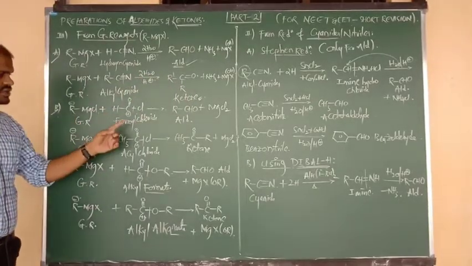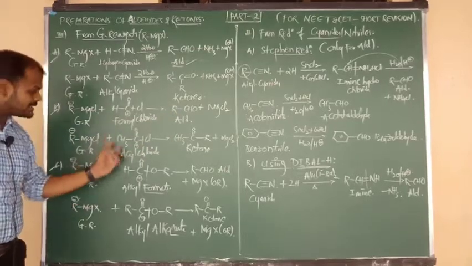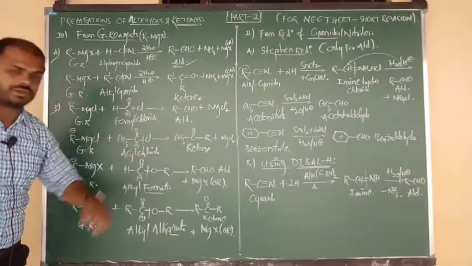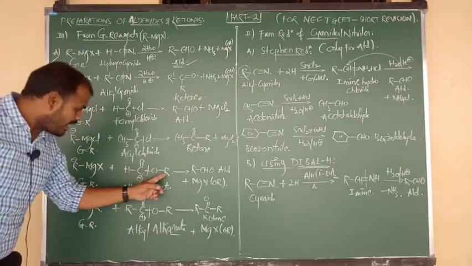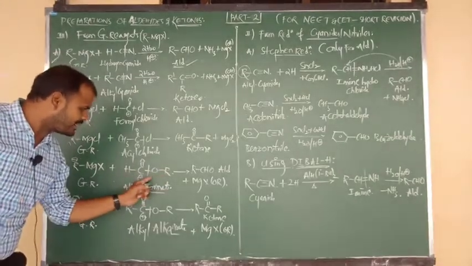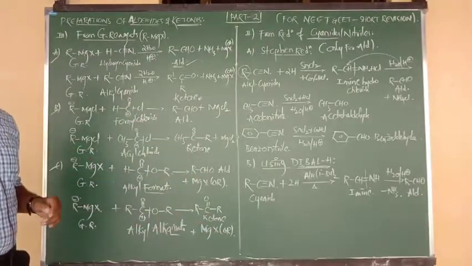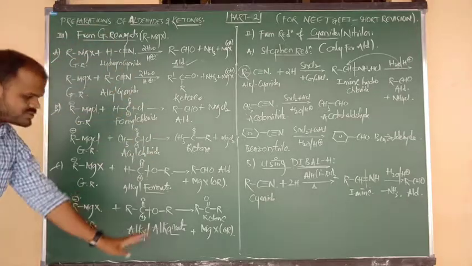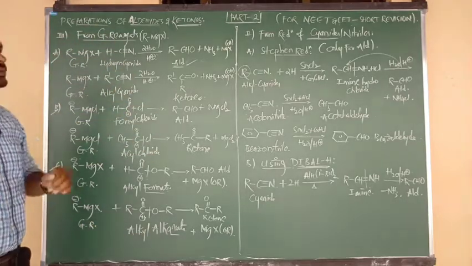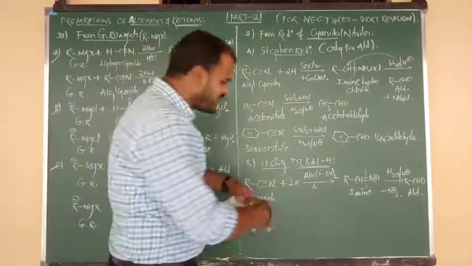Grignard reagents on reaction with formyl chloride gives aldehyde and acyl chlorides or acid chloride gives ketones. Grignard reagents on reaction with alkyl formate gives aldehyde and alkyl alkanoate gives ketone. So these are the methods of preparation commonly we have to use for what, beta? Aldehydes and ketones. Let us see some other methods of preparations of aldehydes and ketones.